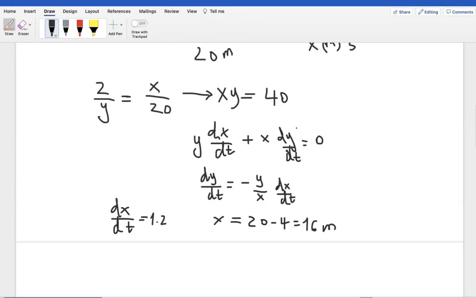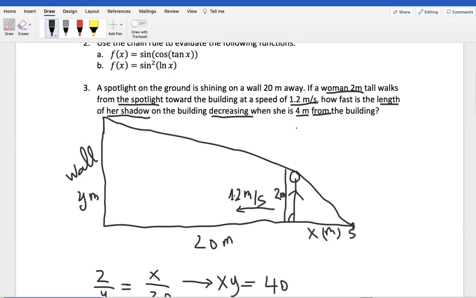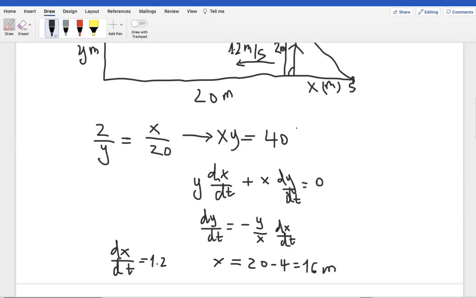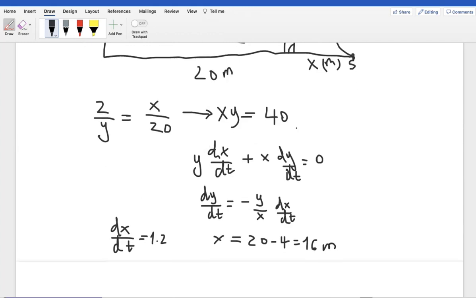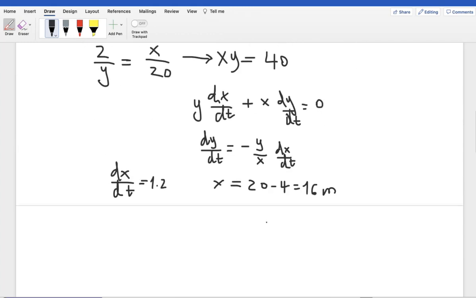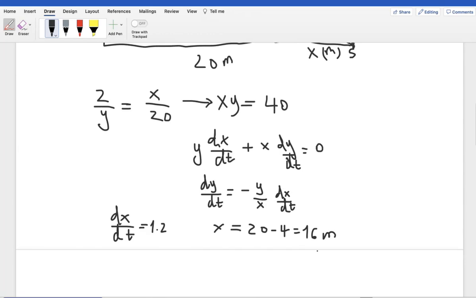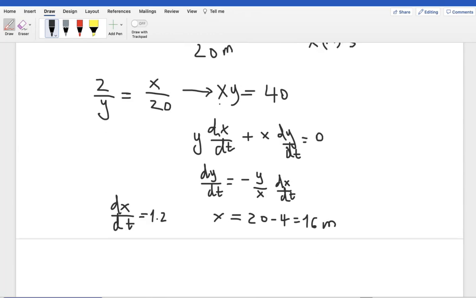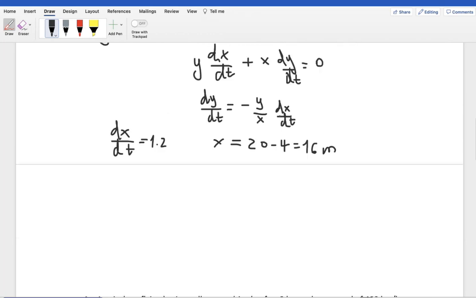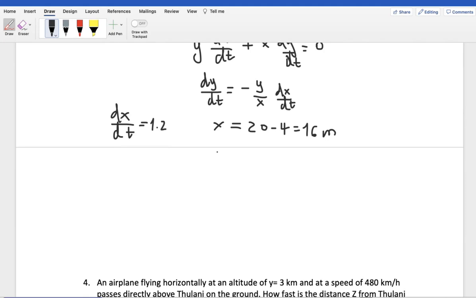Now that we have that, the next thing that we need to find is y when x is equal to 16. And we already have the relationship between x and y, which is x times y is equal to 40, right? So if you have x, y is just equal to 40 divided by x.